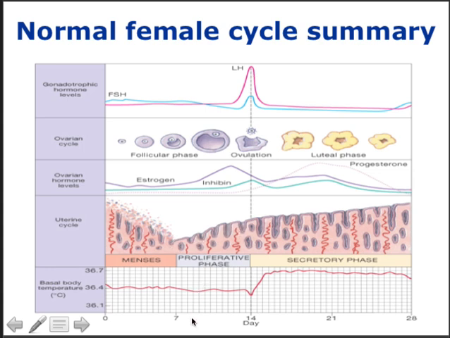The endometrium starts thickening. After the ovulation, under the influence of progesterone, we describe the changes in the endometrium as the secretory phase, so the endometrium prepares for a possible fertilized ovum. This is the basic summary of the normal female cycle, which is discussed and presented in much more detail in the dedicated DAROGA lecture, The Female Cycle.